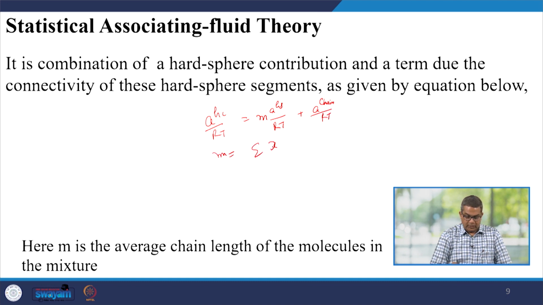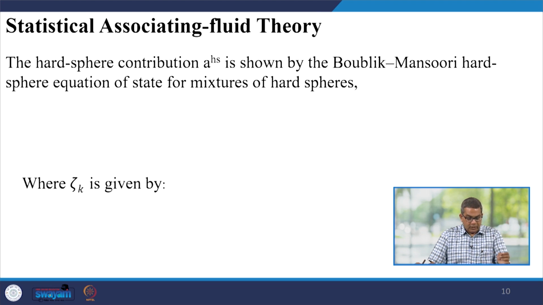m is equal to summation x i m i, where m is the average chain length of the molecules in the mixture. The hard sphere contribution A HS is given by Boublik and Mansoori, the hard sphere equation of state for a mixture of hard spheres.